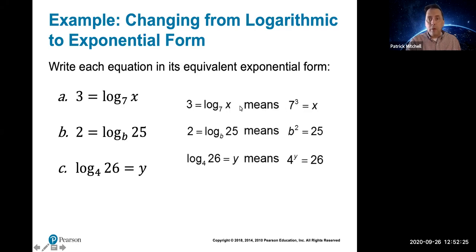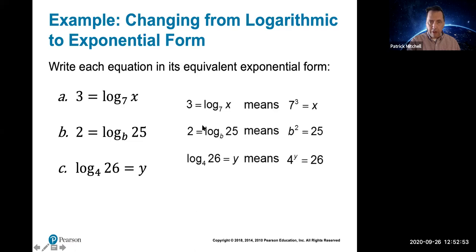So don't look below here. We're going to try to do these one at a time. Next, we have 2 equals log base b of 25. Question number 1, what is the base? The base is b. Question number 2, what is a logarithm? An exponent. The logarithm is the exponent. This logarithm is 2. So the base is b, the exponent is 2.